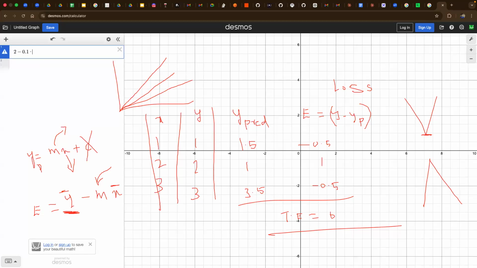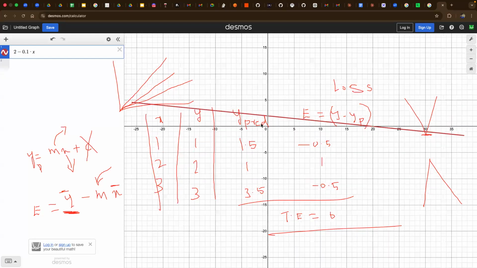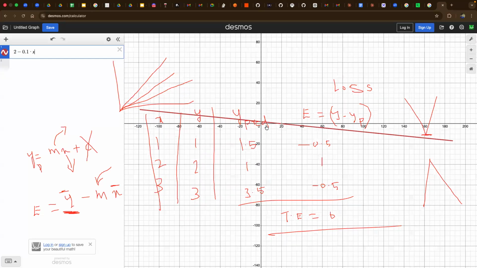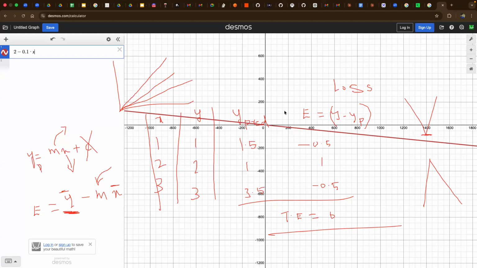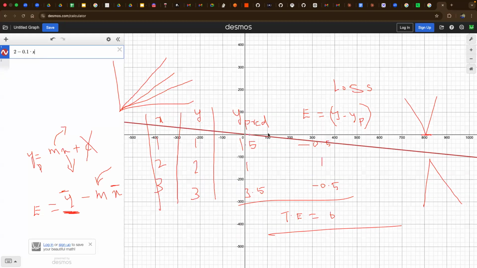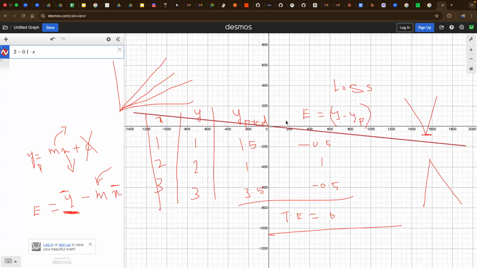Multiplication, and yeah, it might look something like this. So this is fine. We don't have any issue with it.